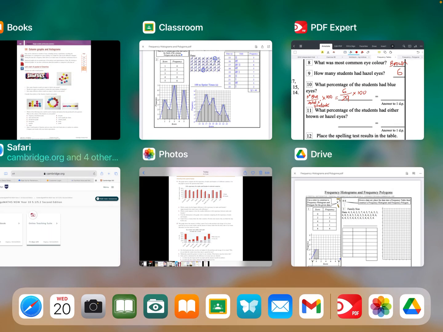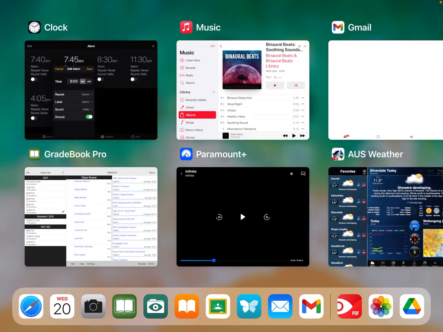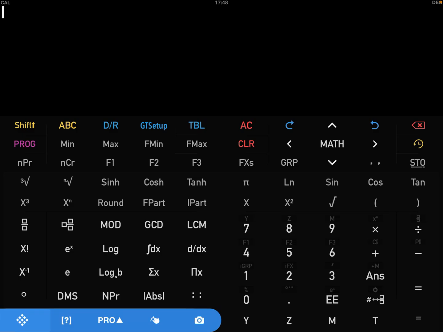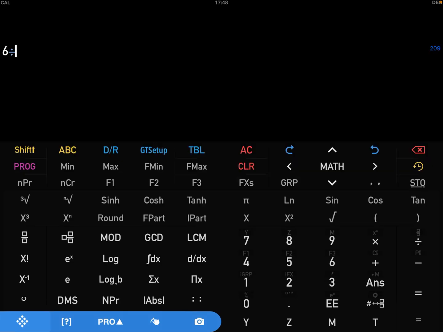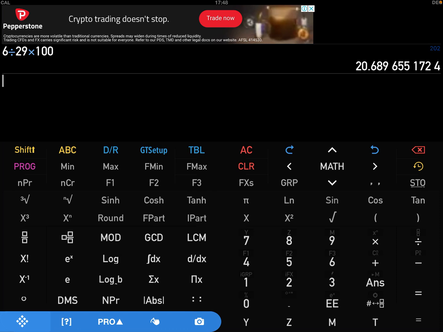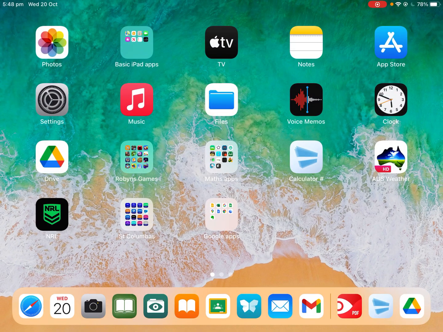And I hopefully find my trusty calculator. Nope, don't have it open. There it is. What was it again? 6 divided by, or fraction key, 29 times 100 equals. All right, so that says 20.68. Let's check.